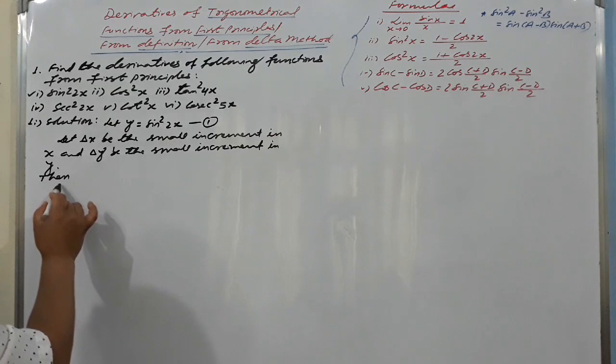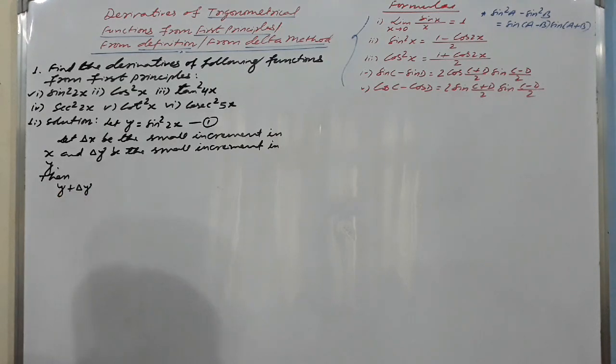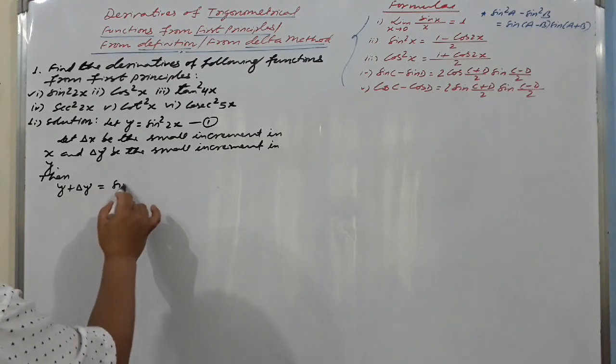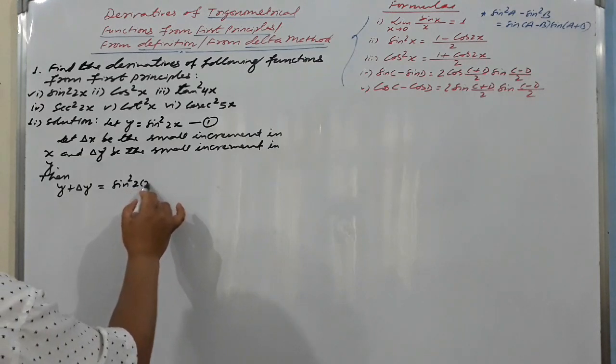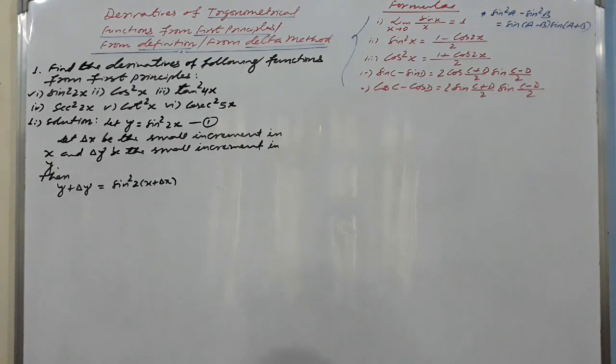Then y plus delta y, after the increment y becomes y plus delta y, is sine square of 2 times x plus delta x. One more thing, be careful here: sine square 2x plus delta x is not correct. Delta x is the small increment in x, so x becomes x plus delta x.